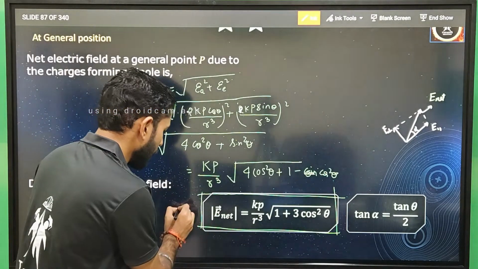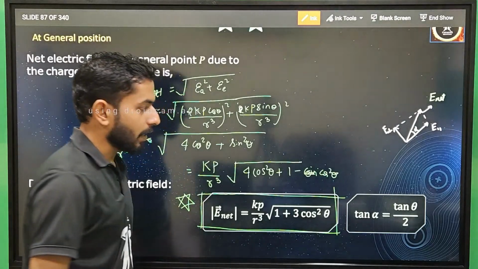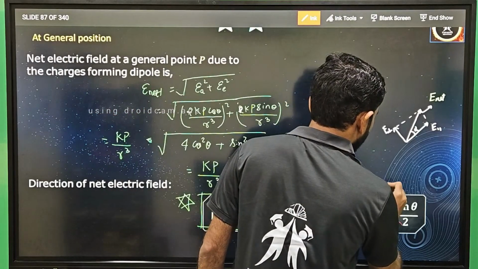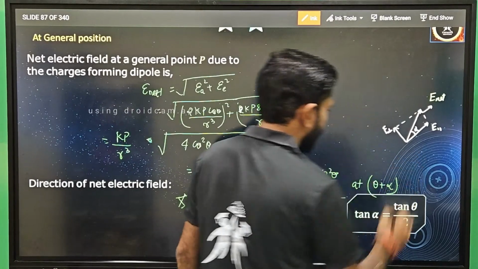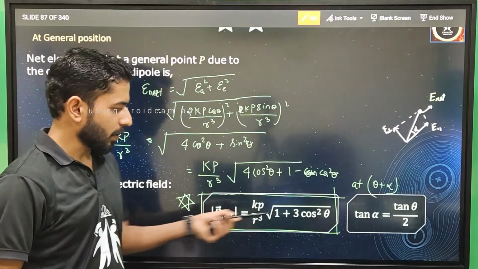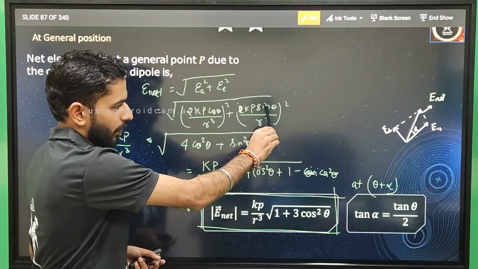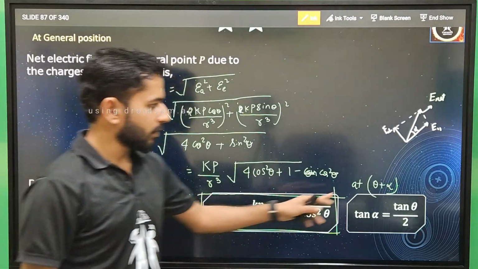This is the important result. And at what angle is it coming? It is coming at angle theta plus alpha. The net angle from the horizontal, from the original dipole, was what? Firstly you have taken an angle of theta, then you have taken an angle of alpha. That means the total angle is theta plus alpha.